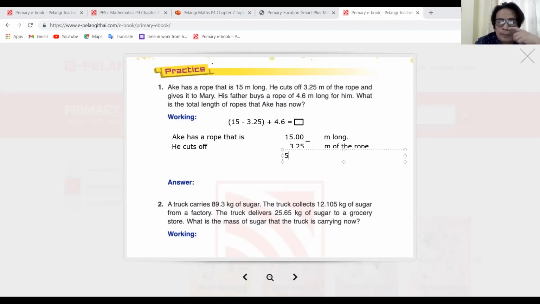Then 9, 7. Decimal point. Then 4 minus 3 is 1.